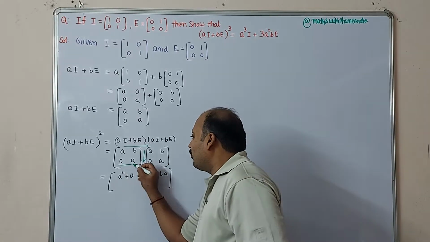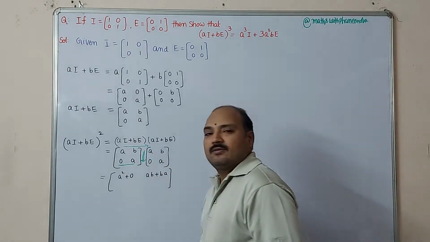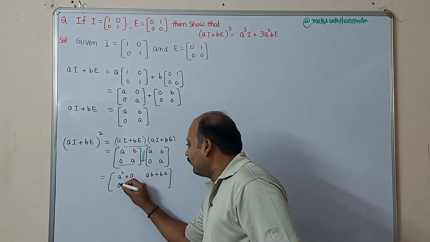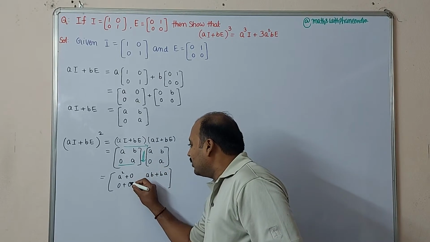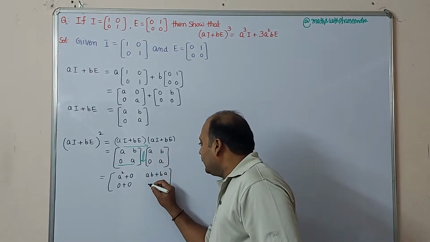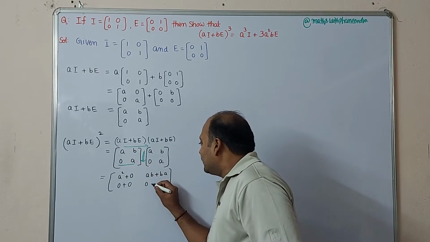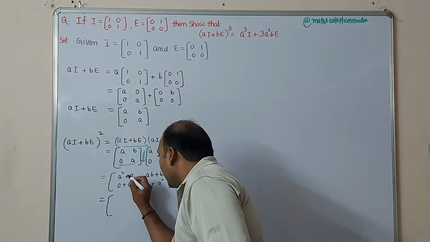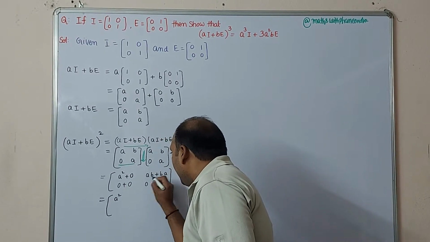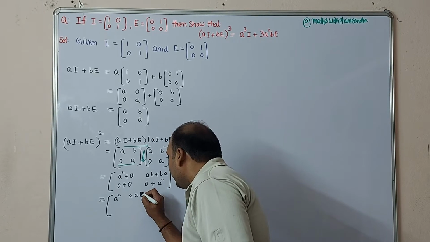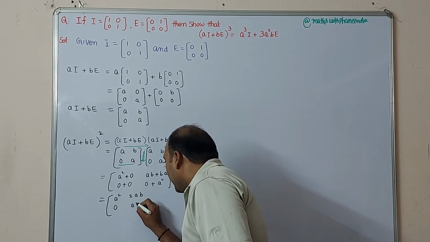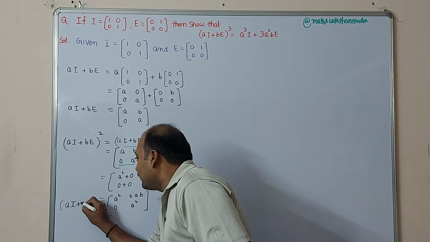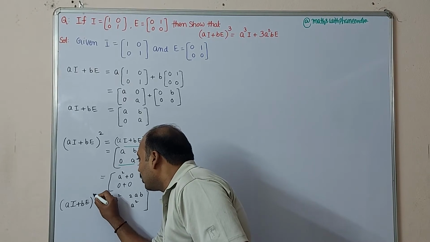Same: second row, first column again. 0 into a, 0, plus a into 0, 0. Next, 0 into b, 0, a into a, a square. So you will get a square, ab plus ab, 2ab, 0, a square. This is the value of (aI + bE) whole square.